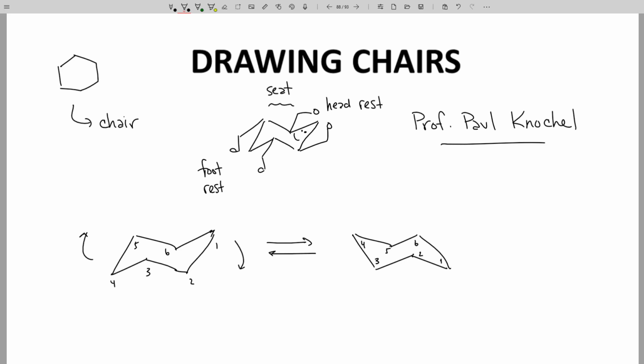Now, let's look at carbon 1. Carbon 1 is interesting, not for the ring atoms so much, but the groups on carbon 1. For cyclohexane, we'd have two hydrogens. The top hydrogen, since it points straight up and down, we call an axial group. And the other hydrogen, which is more oriented within the plane of the molecule, is an equatorial hydrogen.